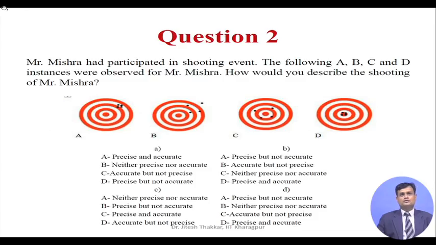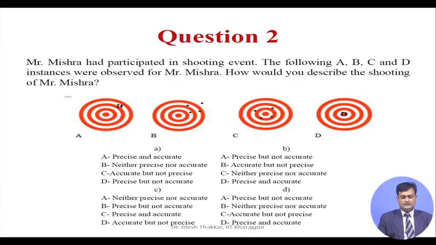Question number 2, you can see the figure divided into parts A, B, C and D. The question is, Mr. Mishra had participated in a shooting event. The following A, B, C and D instances were observed for Mr. Mishra. How would you describe the shooting of Mr. Mishra?